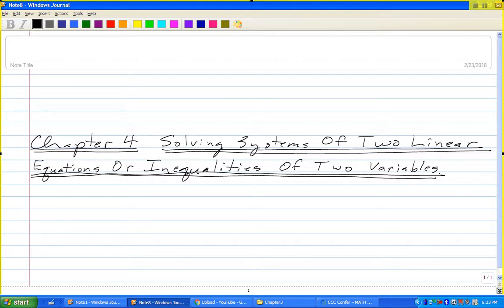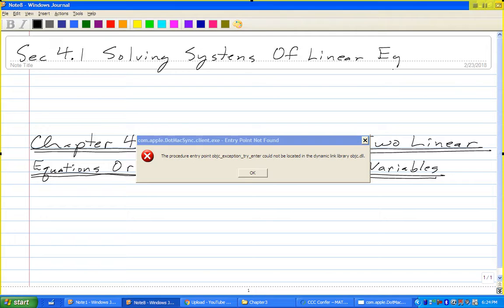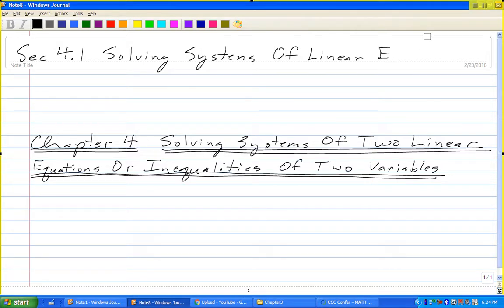Section 4.1, solving systems of linear equations by graphing.